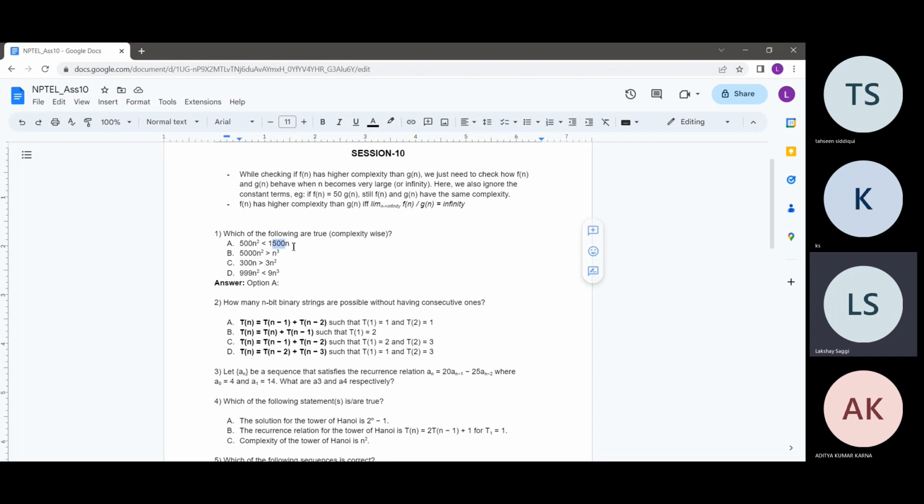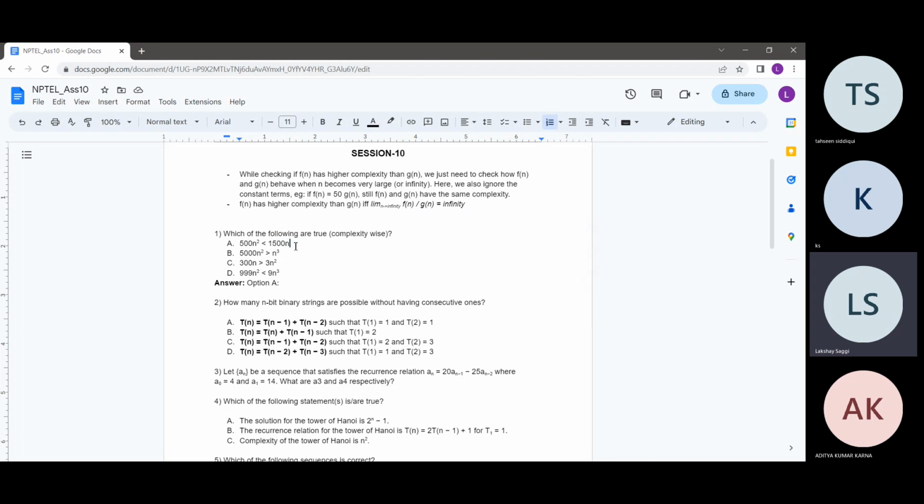This function will grow as fast as n, the highest power is n here, but this will grow as n square. So actually this function is growing faster. This grows as fast as n square, and n square is greater than n. So this is not true, as 500n square will be of bigger size in terms of complexity than 1500n.